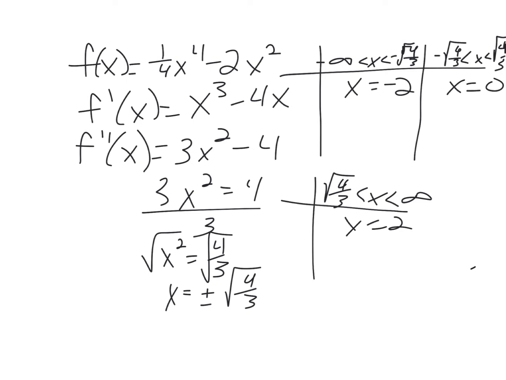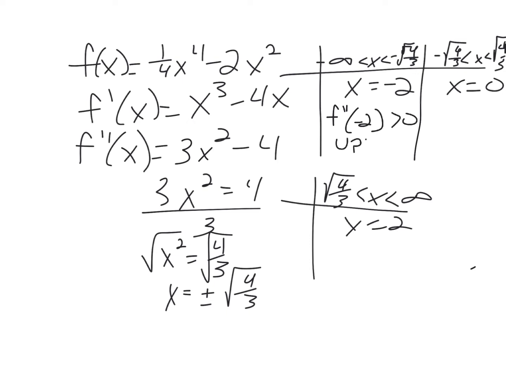So we put negative 2 into this function right here. That will get us a positive value because it'll be 12 minus 4, which is 8. So we can say that f double prime of negative 2 is concave up.